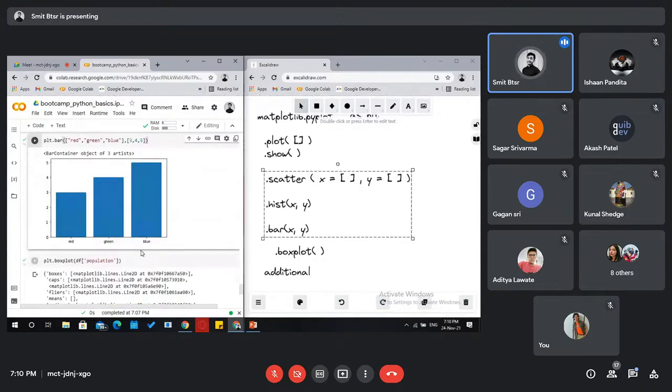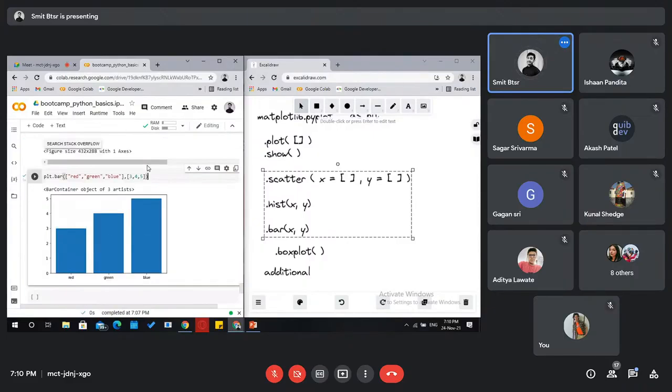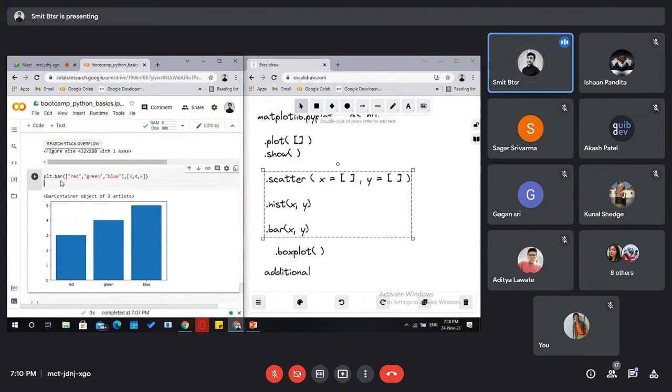Let's create one more code cell, and try it out here only. We have the bar graph, and now we want to label the x and y axis. So let's do that. We have xlabel for that, and ylabel as well.